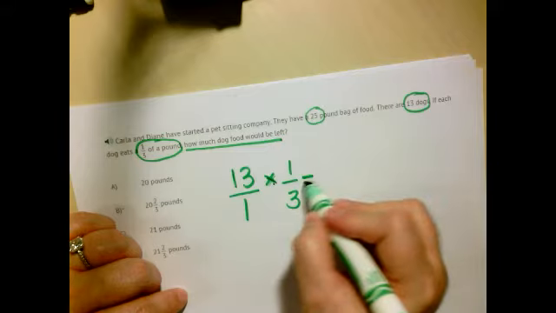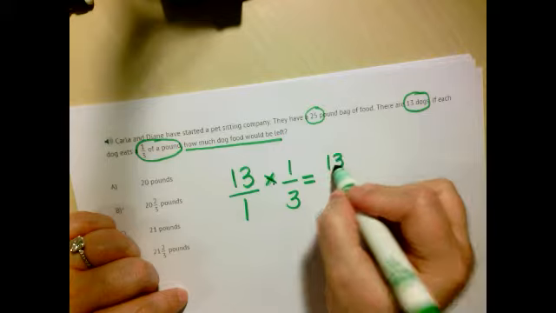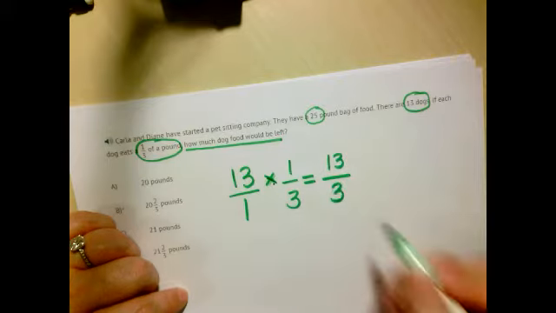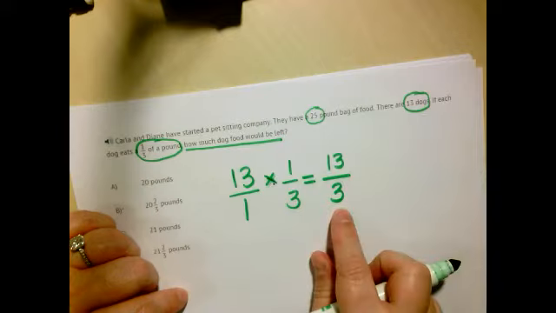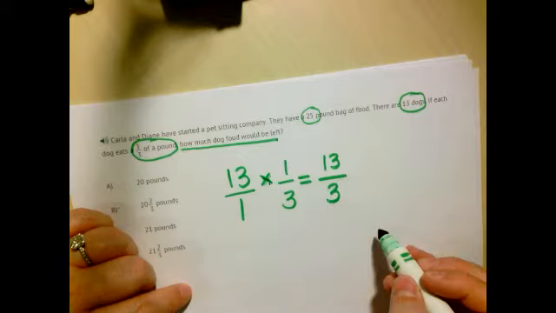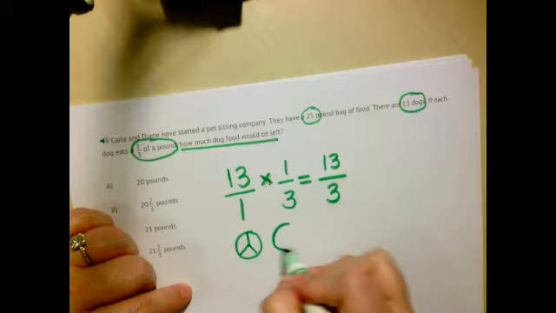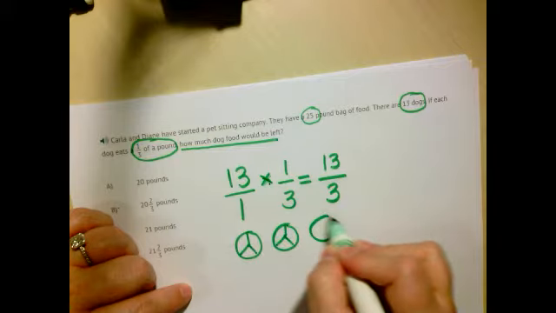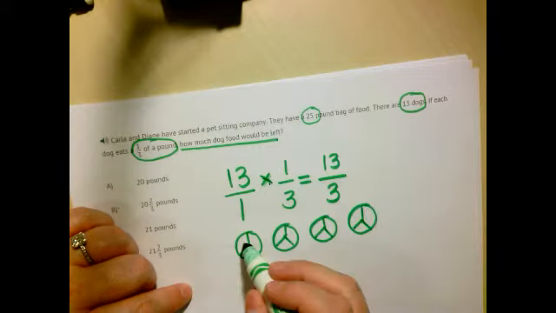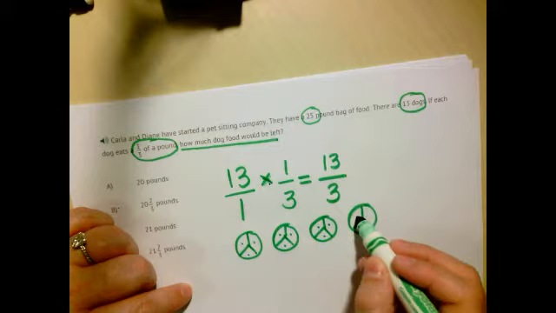So in order to get my answer, I'm going to say 13 times 1 is 13, and 1 times 3 is 3. Well, I have an improper fraction here, so I could draw out circles that each have 3 pieces, and I could say there's 1, 2, 3, 4, 5, 6, 7, 8, 9, 10, 11, 12.